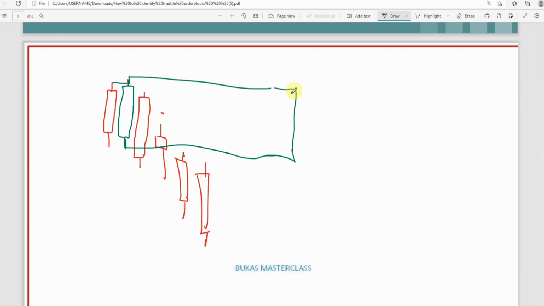Now there are some traders that will use this drawing I'm going to place here as a tradable order block. For this one, let's say this is a green candle before the sell-offs.